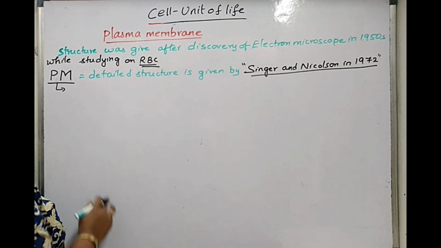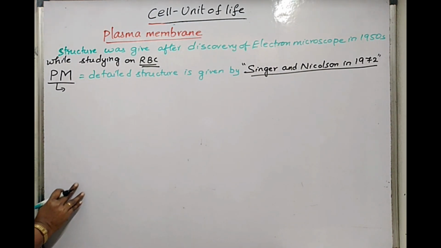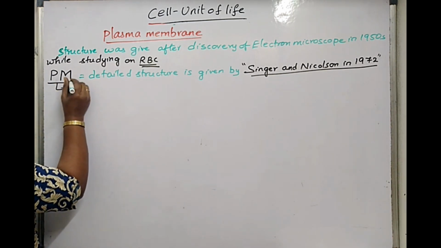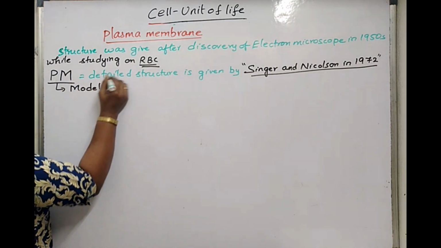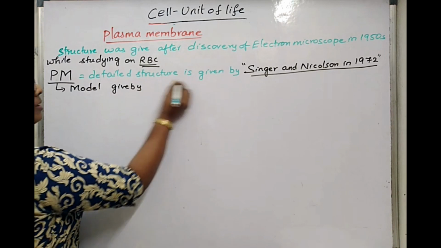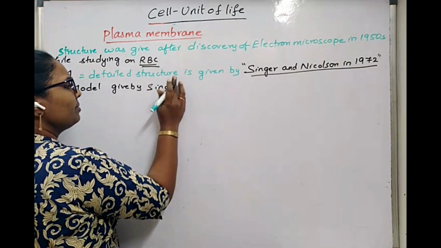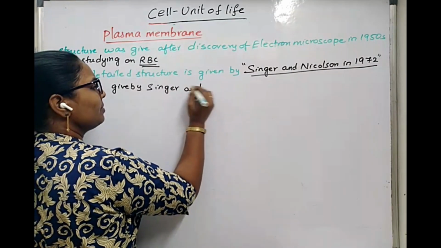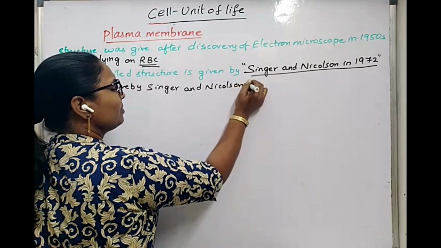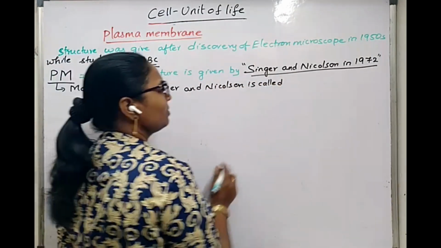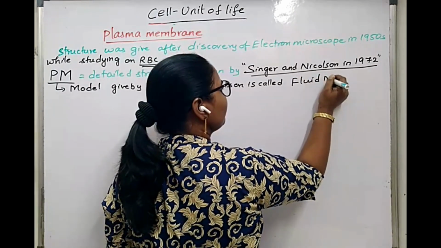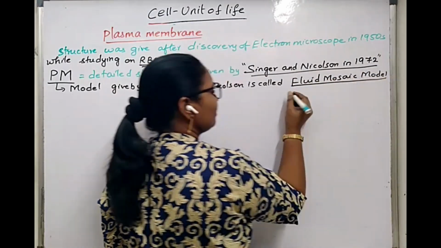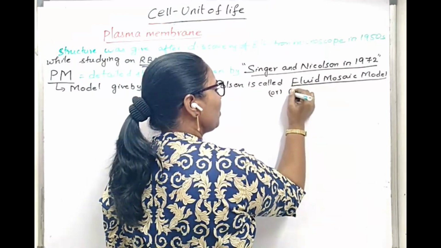The model explained by Singer and Nicholson is called as fluid mosaic model or quasi-fluid model of plasma membrane. The other term is quasi-fluid model.